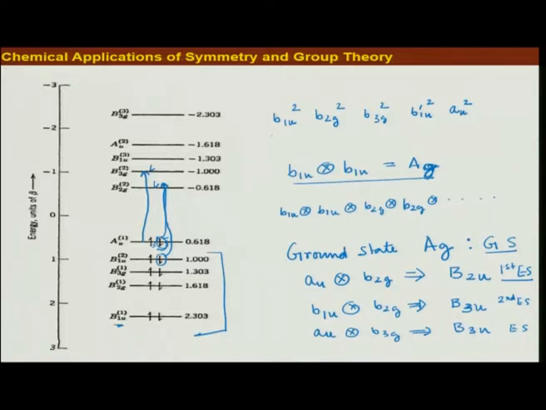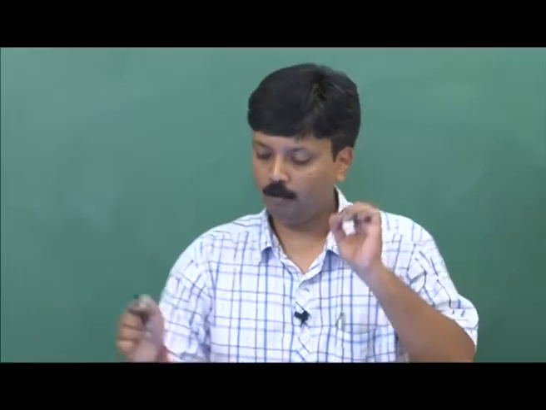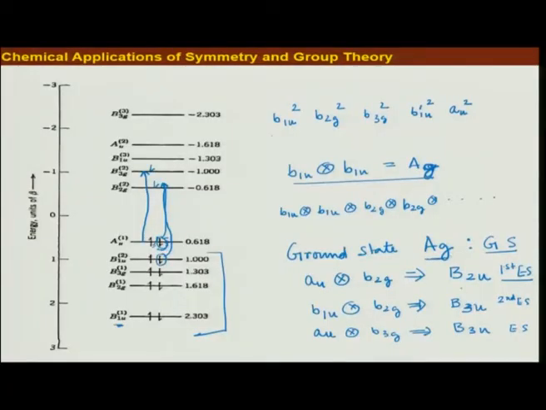So now if I want to find out whether the transition from AU to B2G, or AU to B3G, or B1U to B2G, are allowed or not, I have to actually find out whether a transition from AG to B2U or AG to B3U are allowed or not.